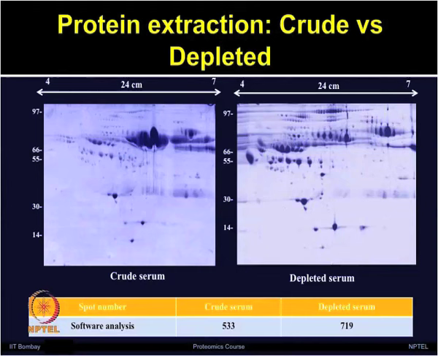Since we standardized our conditions on the small gels earlier, we also tried to apply that on the large gel of 24 centimeters, because that is where we have to perform all our analysis. So, we again compared crude versus depleted serum samples on the large gel, and as expected the depleted serum sample showed more spots as compared to the crude serum samples.